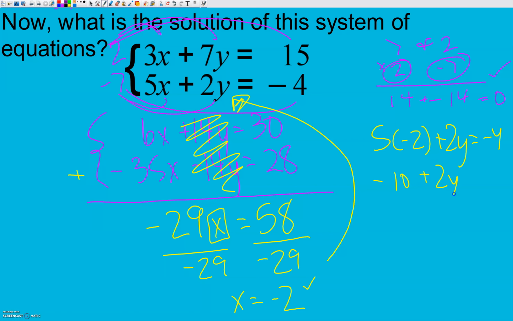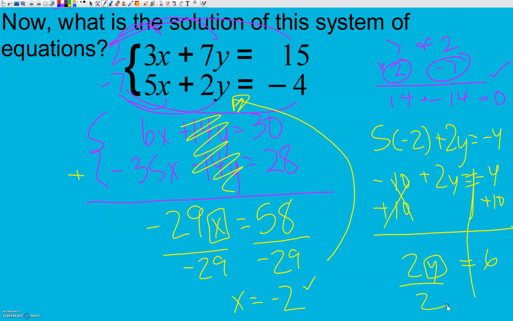We're going to multiply first, add or subtract, then multiply or divide. So my ordered pair here is going to be -2, 3.